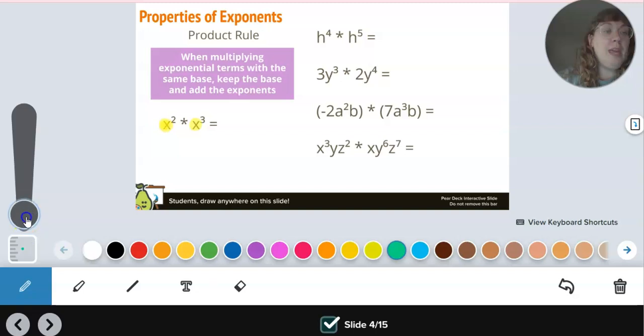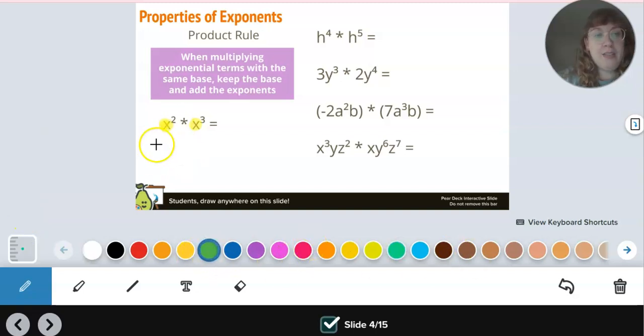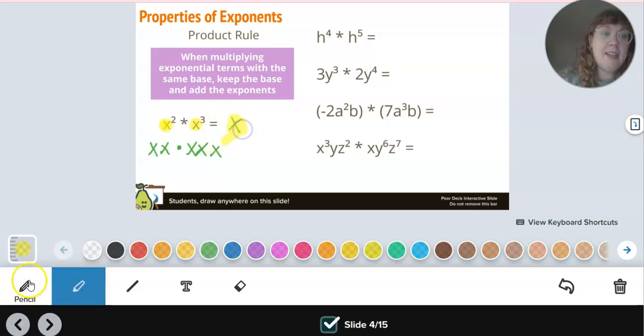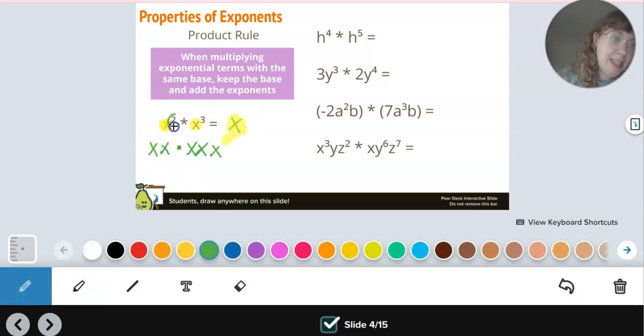So essentially what we have here is 2 x's, or an x squared, times 3 x's, or x cubed. So to simplify this, the base stays the same. So notice my base is still x. And then I take these exponents and just add them. 2 plus 3 is 5. So this is an x to the 5th, right? We have 5 total x's that are being multiplied.